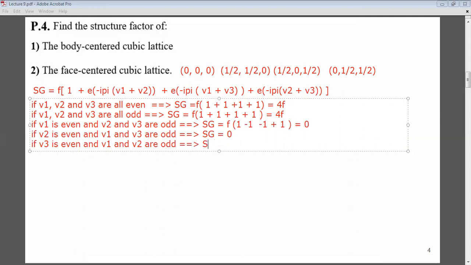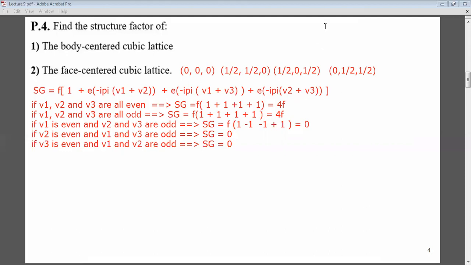I will get SG is also 0. Okay, so this is the question. Now, in the next slide, I'm asking the question.